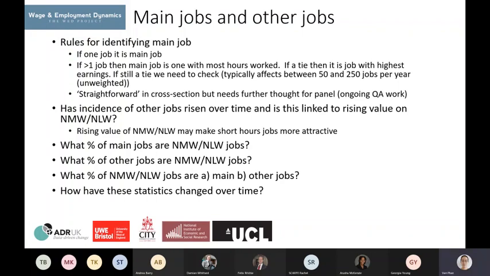And then we try to find the incidence of other jobs rising over time and how it linked to the rising value of the minimum wage and national living wage, and what the percentage of main job or other job minimum wage jobs is, and the other way around, and how it changed over time.